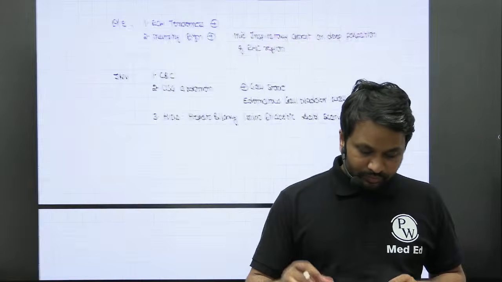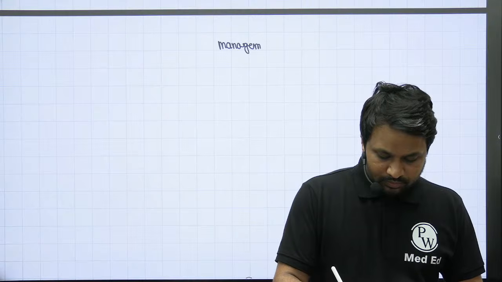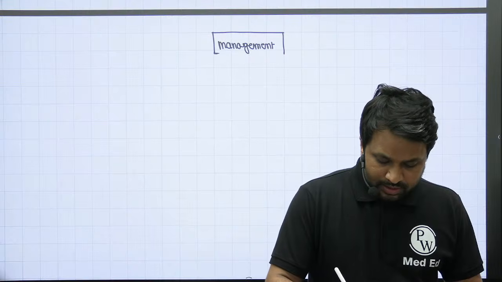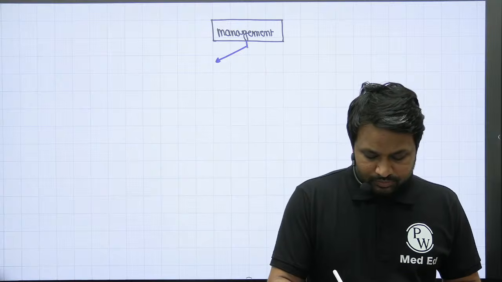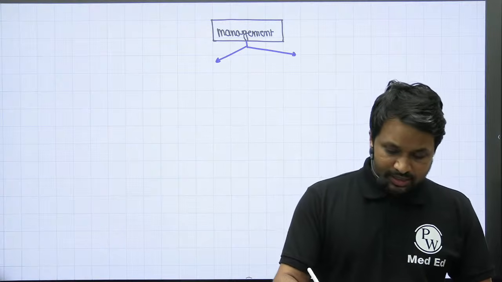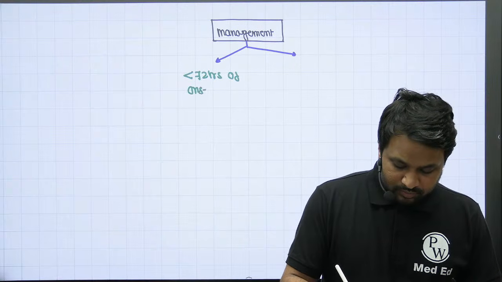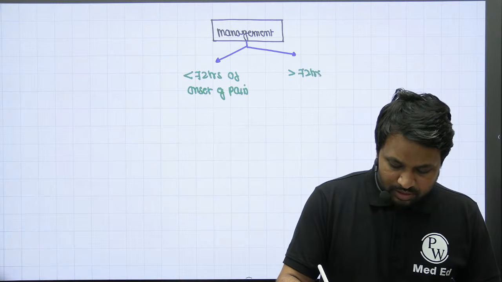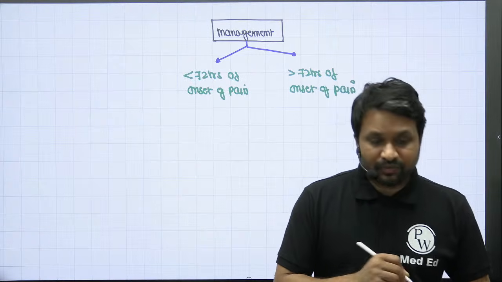Now, once you've diagnosed it as acute cholecystitis, the management depends on whether the patient presents to you within the first 72 hours of onset of pain, or after 72 hours of onset of pain.